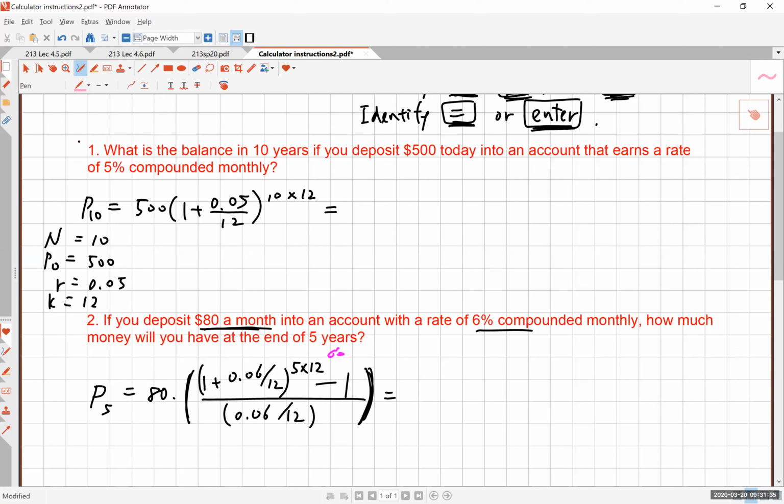Now, as you try to find how much you would have if you start with $500 and wait 10 years at 5%, this is what you need to do first. That's called the rate per period, the annual percentage rate divided by 12. We went over this in lesson 7. Then you add 1 to it because it's in the parentheses.